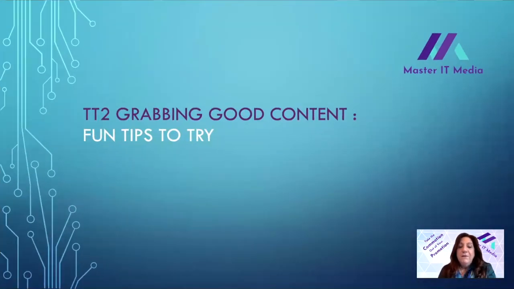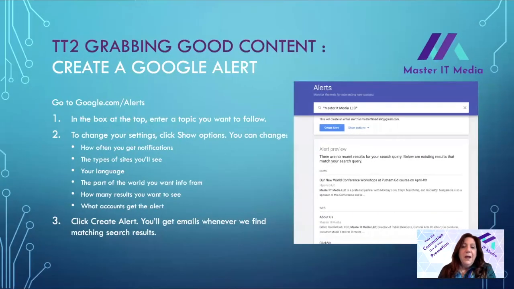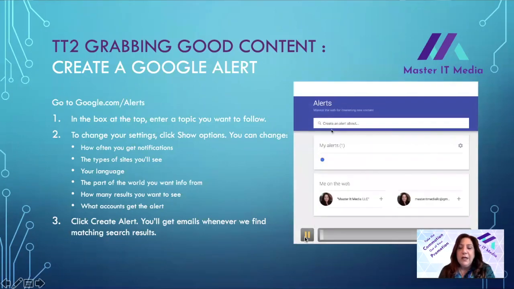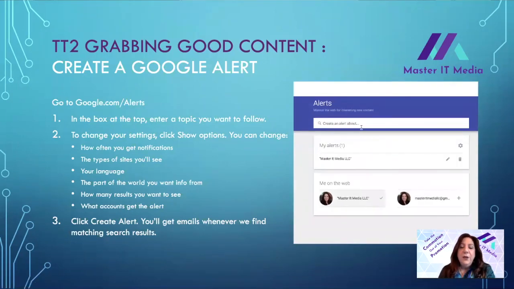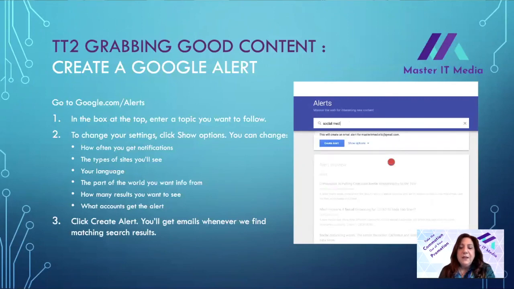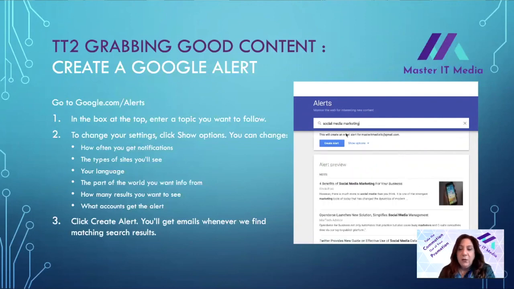So here are my fun tips to try. Google Alerts, and these are instructions on what you have to do. If you go to google.com/alerts, you're going to get this nice little area where you can create an alert. And notice as I'm typing, I'm going to start seeing some things showing up on the bottom. This is news or information that is out in the world.